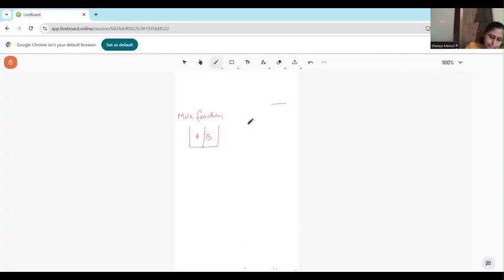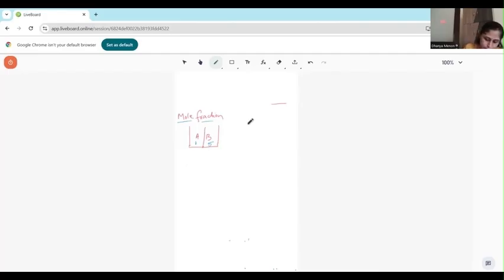And suppose I have 1 mole of A and 5 moles of B. Now, mole fraction is the term to find out what fraction of A is there in the solution, or what fraction of B is there in the solution.